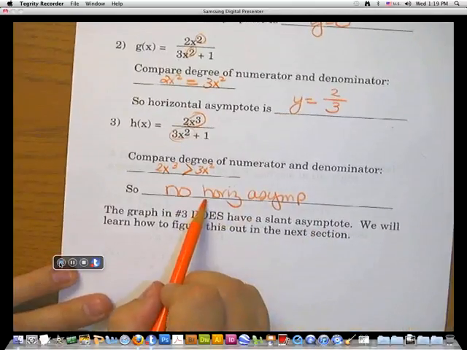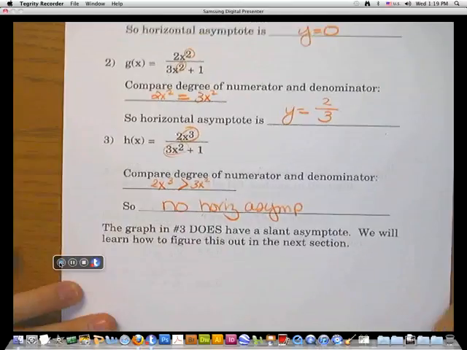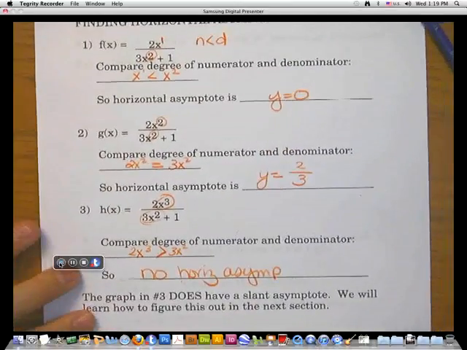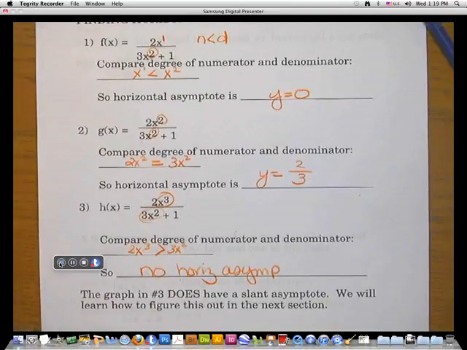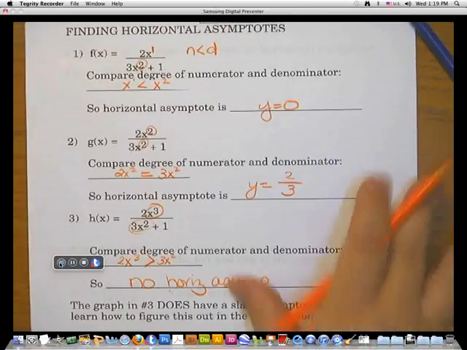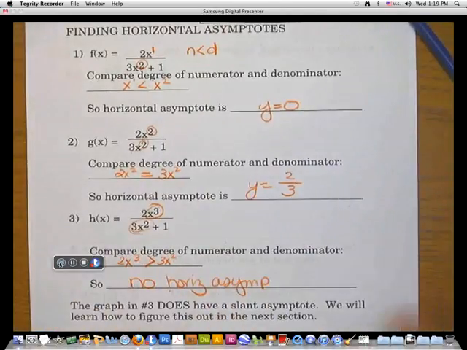However, it will have a slant asymptote, but we're going to worry about that in another section. So right now we're really only focusing on vertical and horizontal asymptotes, and actually we're also going to be finding zeros, and from zeros we can also find domain and range. But for right now, when it comes to asymptotes, the only thing we're looking for is vertical and horizontal.